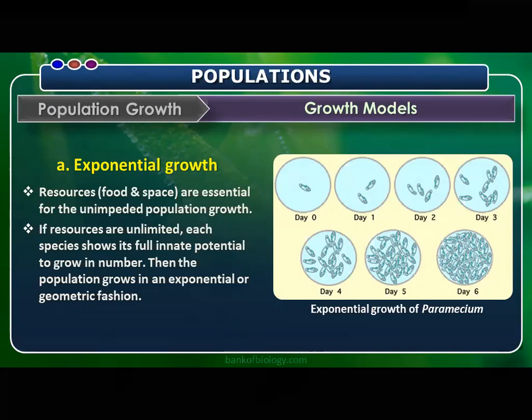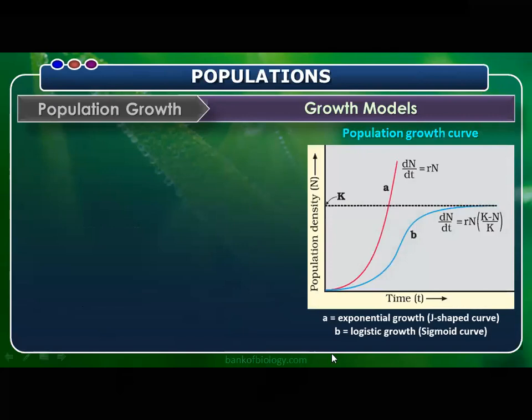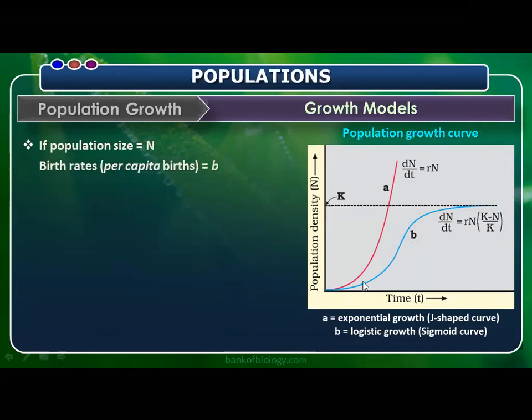Then the population grows in an exponential or geometrical fashion, which I showed you now, the blue line. The dN by dt equals rN into (K minus N) by K. This is the equation we learned now. That means the logarithmic phase, log phase, and the population reaches the carrying capacity.